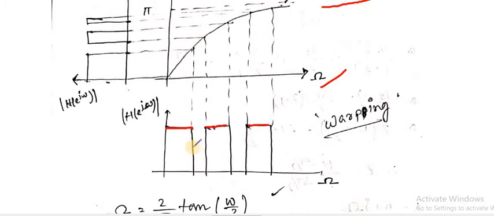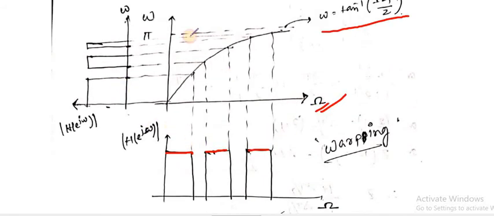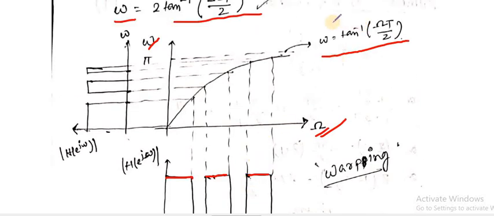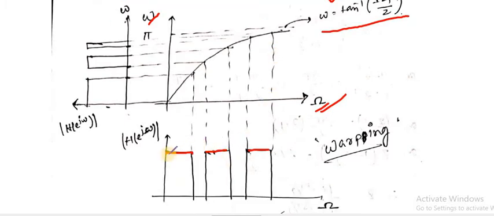Now if I want to design the equivalent system in the digital domain, we have to map from the analog omega to the digital omega. So basically we have to do the mapping using this relation, which we got from the bilinear transformation. Now if I use this relation, obviously this frequency will map here like this.